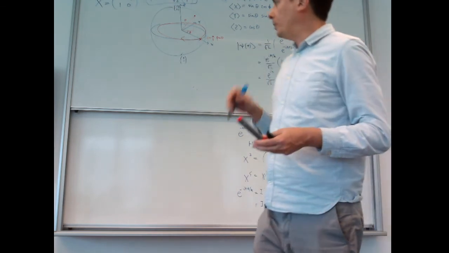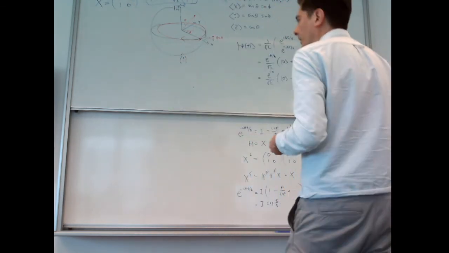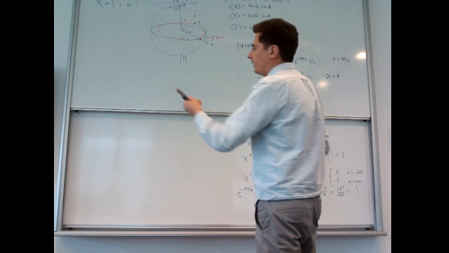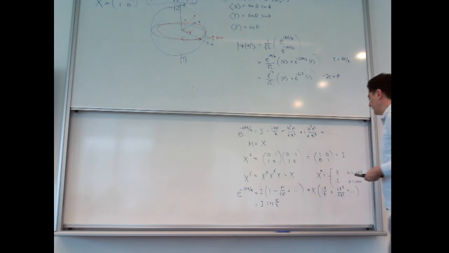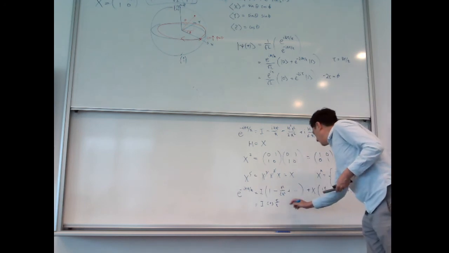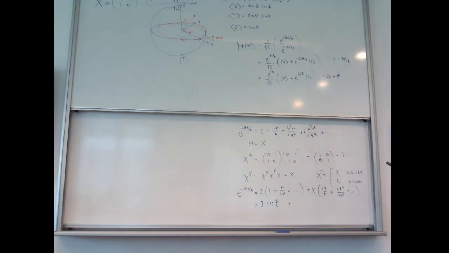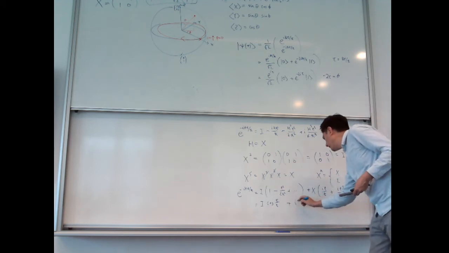If I had put this omega factor, this cosine would have also had an omega here, but I didn't do that. And over here, all these things also have a factor of I, so let me just pull that out.